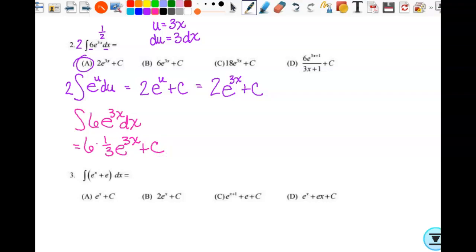It's like if you know how to do it without doing the u and it makes sense to you, that's fine. If you're afraid you're going to make up stuff and then you're going to do weird things, doing it with the u and like the whole u process might be safer. Okay? But it just depends on where your knowledge and your comfort level is. Okay, that is 2 e to the 3x plus c. Okay. We good? Questions? All right.